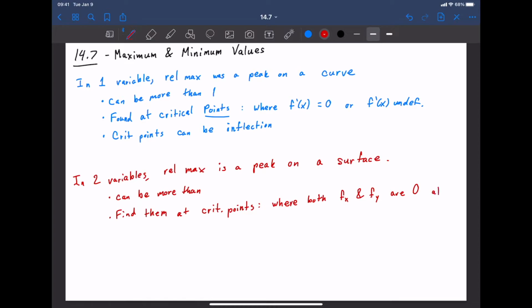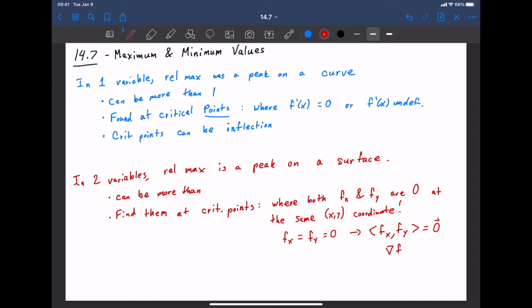At the same x, y coordinate. Why do we need both? Well, if we have f sub x equals f sub y equals 0, then we would have our vector that's made up of them equals a 0 vector.